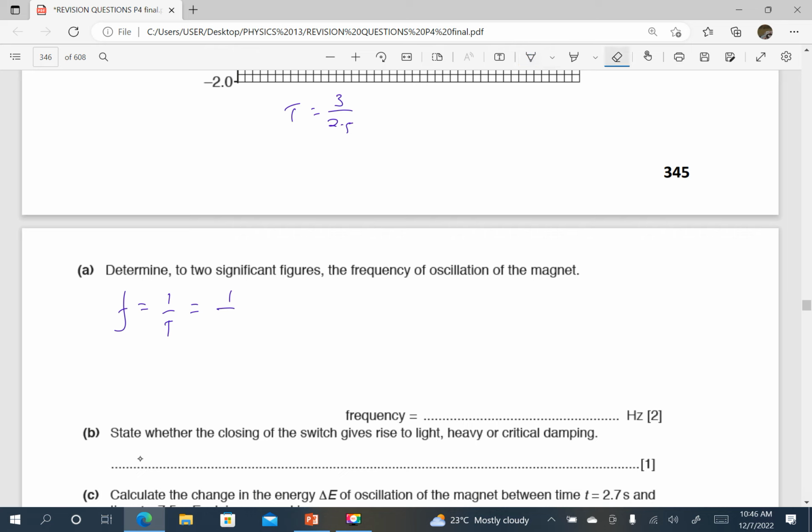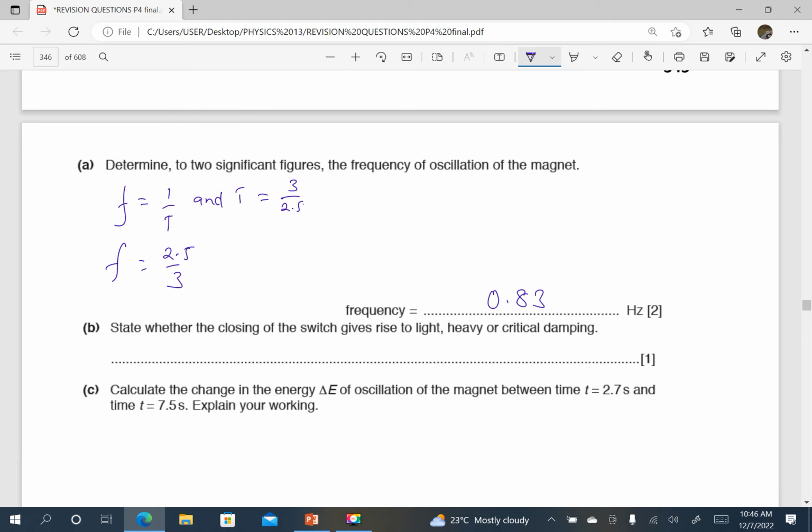So the frequency is going to be 1 over that period, which is the reciprocal of this value, so that will be 2.5 over 3. When I press my calculator here, the frequency is 0.83 Hertz. State whether the closing of the switch gives rise to light, heavy, or critical damping. That is light damping.